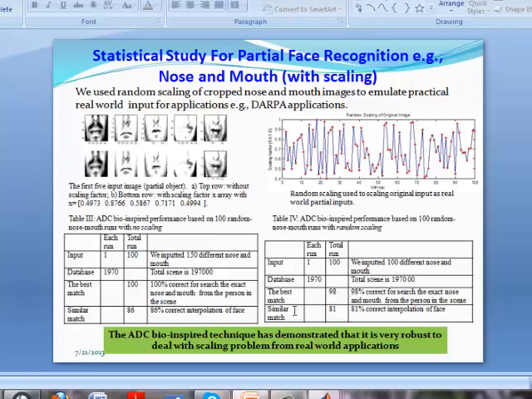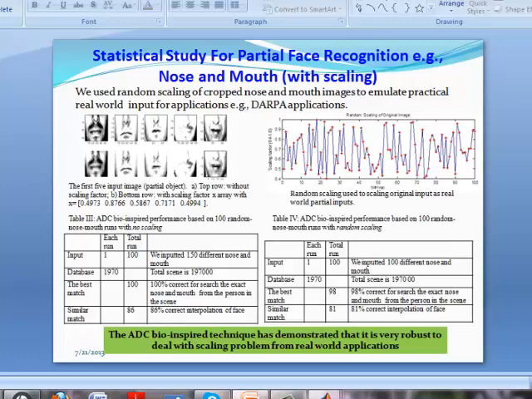And for the similar match, from 86% correct it goes to 81% correct. What I try to show you is that with scaling it decreased, but not a lot. So our scaling invariant approach is sufficient to deal with the scaling problem in real world applications.